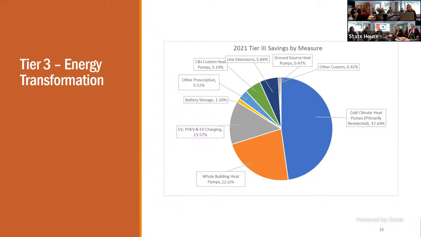In that instance, we're using state averages of the amount of fuel. Unless you're in Vermont Gas territory, which is a little bit different, but for the rest of the state, we don't always have information.